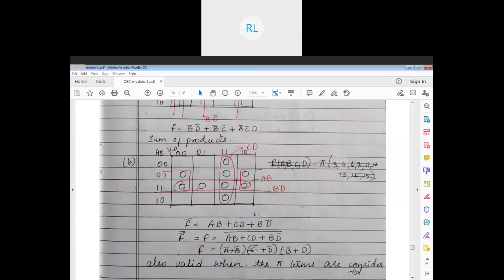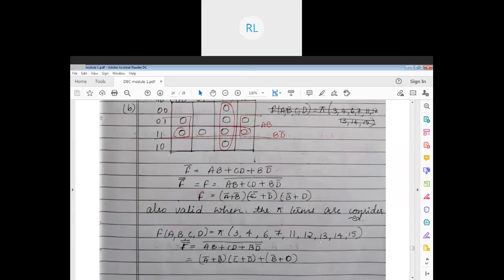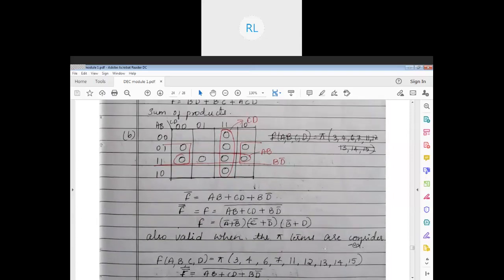We will split them up, and once we split them up, it becomes A bar plus B bar, and this addition becomes multiplication, then C bar plus D bar. And this thing here becomes B bar plus D double bar. So double bar goes away, it gives me only D.